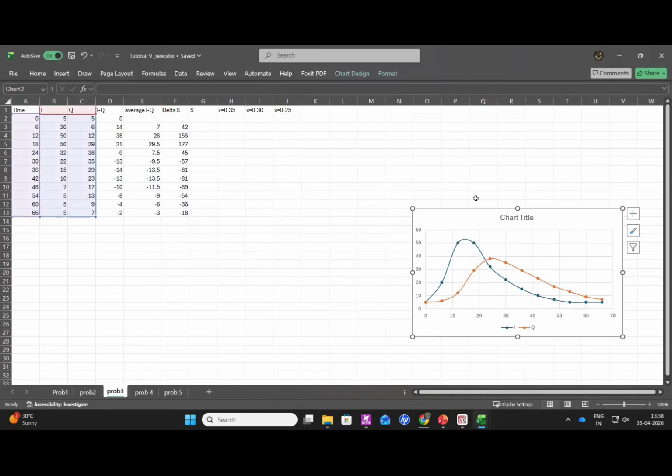So what you have done is calculate the difference of inflow minus outflow, which is the change in storage. Then you computed the average of that by taking the mean of two consecutive time steps. And then you computed delta S, which is simply the multiplication with the time step, which in our case was 6 hours. Now you need to compute the storage. So anyone having any idea how we can compute the storage?